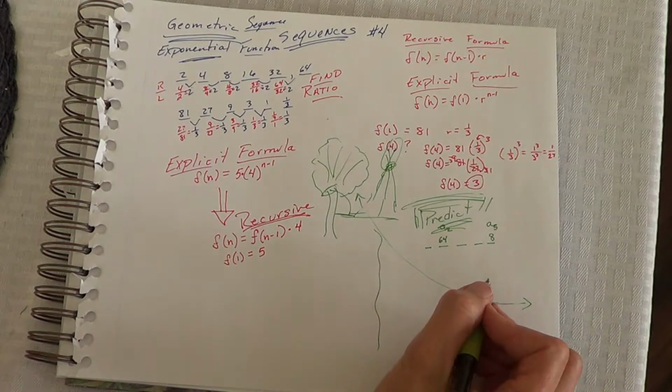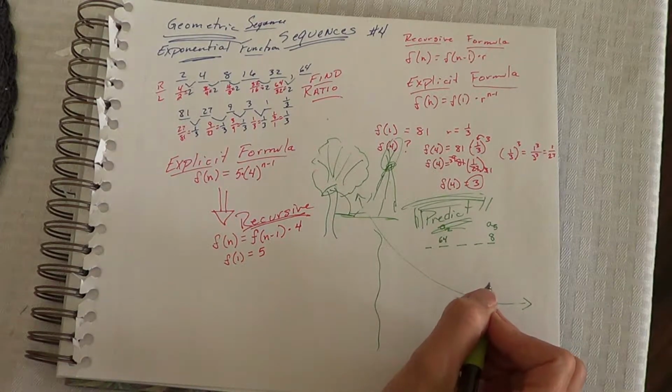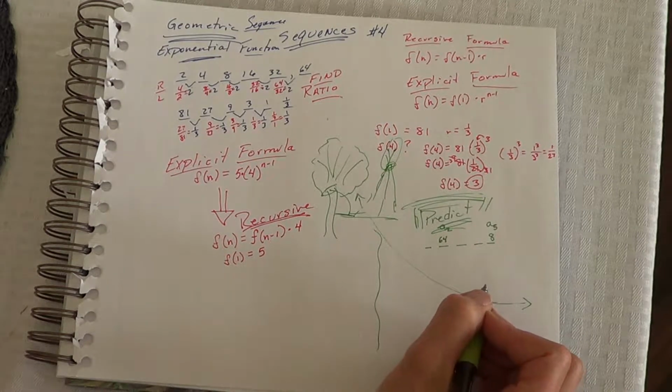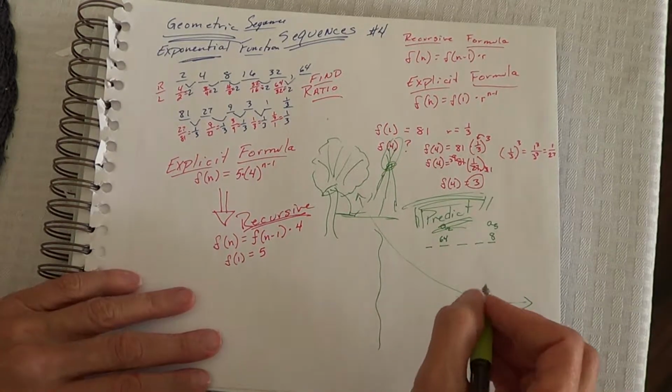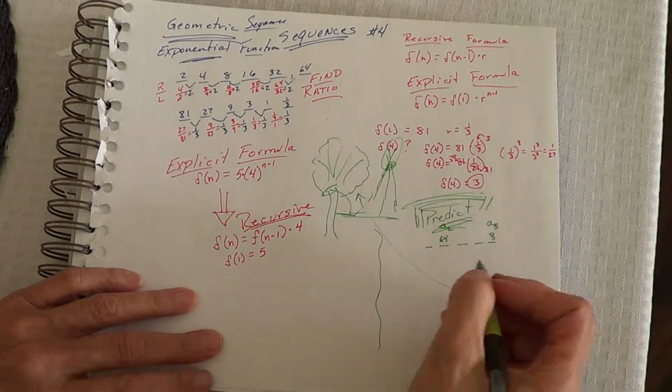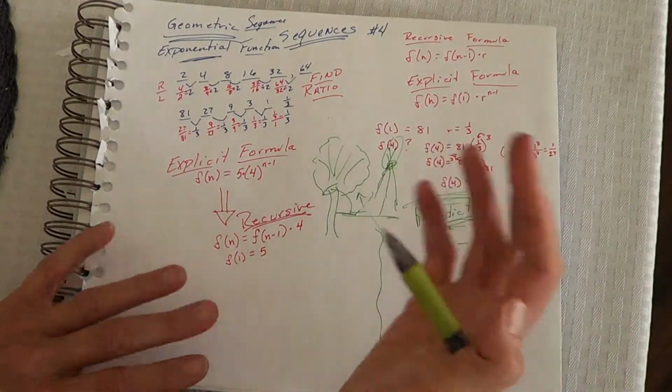Okay, so now we want to come up with knowing what's the footage that we start with and how much are we dropping every time. So we go to our formula. I don't honestly go back to any of the given formulas.